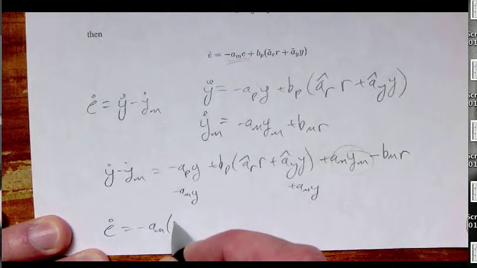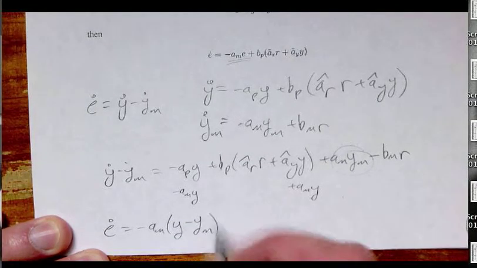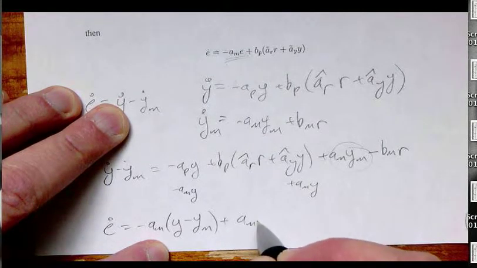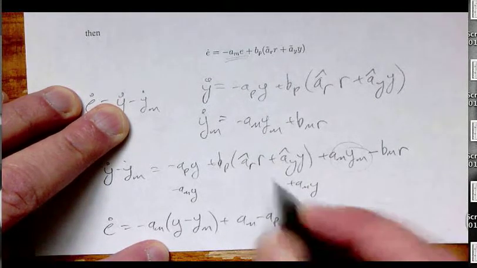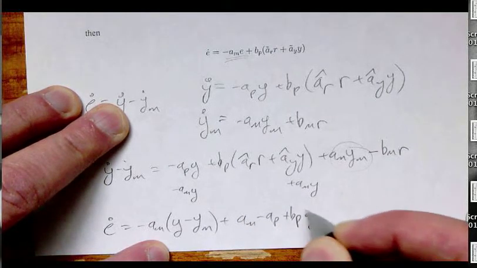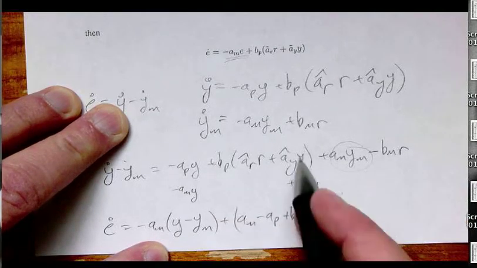So we have that E dot would equal, and then I'm going to collect this guy, so a negative AM times Y, pulling out a negative sign, minus YM, and then plus AM minus AP plus BP AY hat, all times Y. So that's this one, and that one.